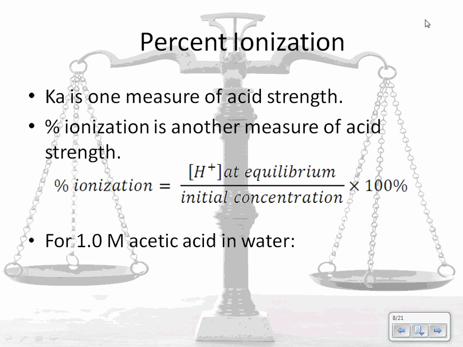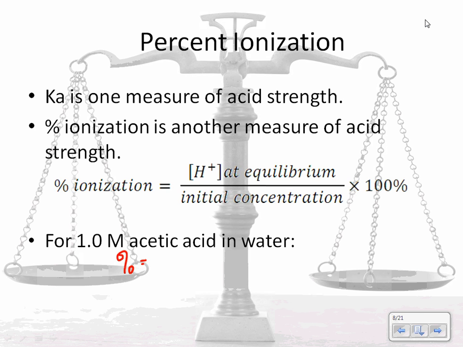All right, so one other way of calculating acid strength is percent ionization. We'll go through this really quickly because we don't use it too much. So Ka is one measure of acid strength. Percent ionization is another way. Your formula for percent ionization is there. It's the concentration of H plus at equilibrium divided by your initial concentration times 100. So for 1 molar acetic acid in water, we calculated that in your previous example.